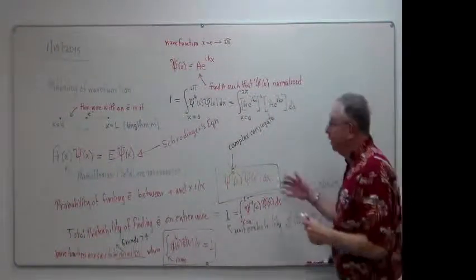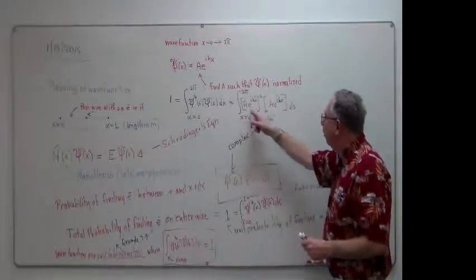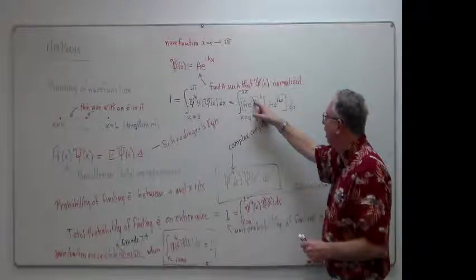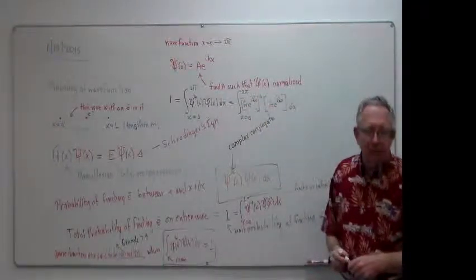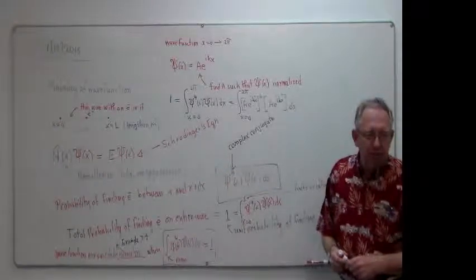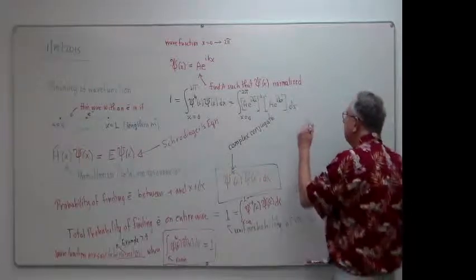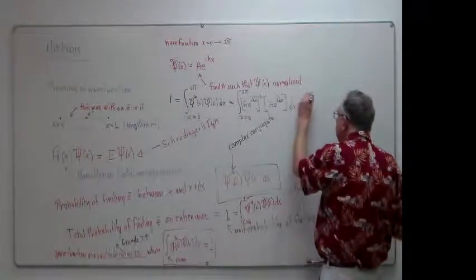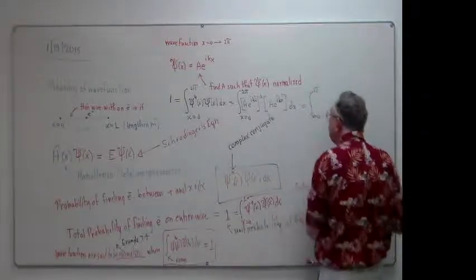Now, this is good practice for us. How do I interpret that thing in square brackets, A e to the i k x star? What do I write next?